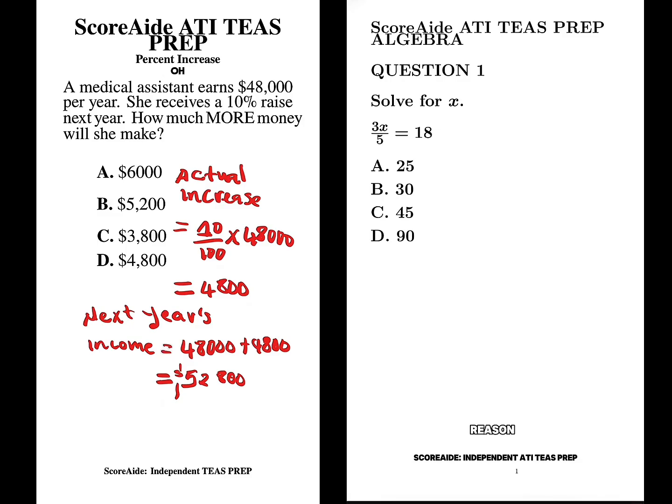Oh, they said how much more? How much more money will she make? Oh, so that is the question. So the answer is just 4,800. But the total amount of money she will make next year is gonna be 52,800, right?